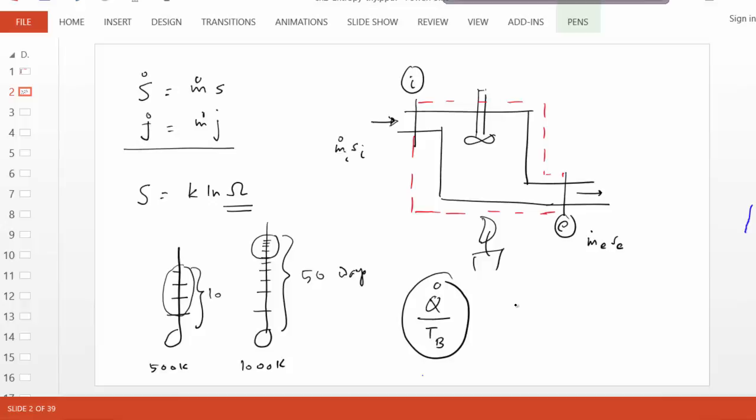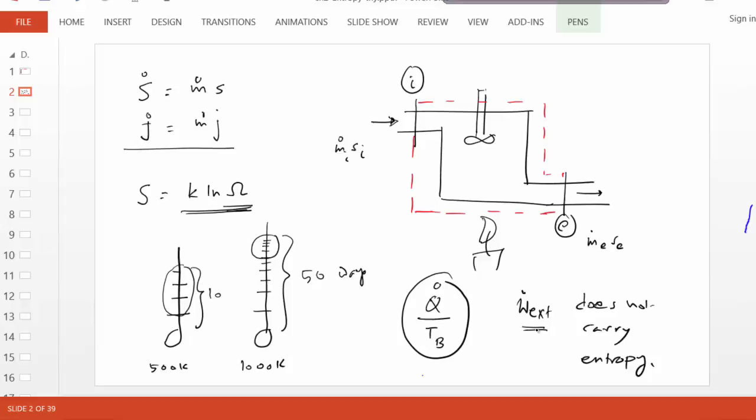So W dot external does not carry entropy. Why? Entropy is a measure of disorganization as given by ln omega, the logarithm of the number of ways in which energy can be stored, and external work is all about organized energy.